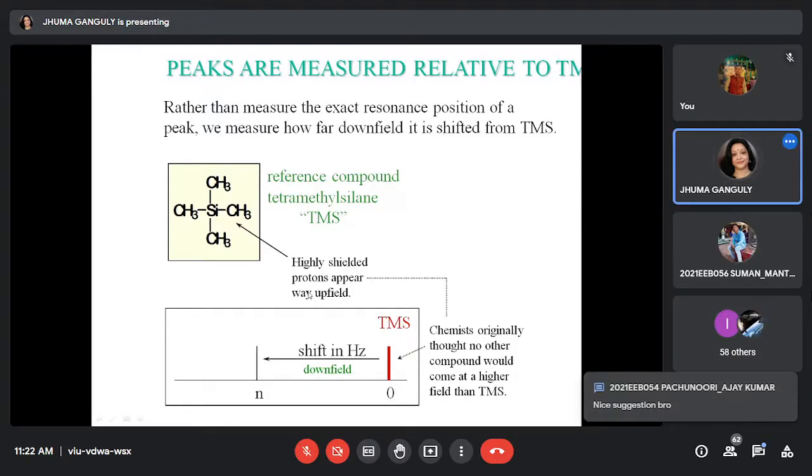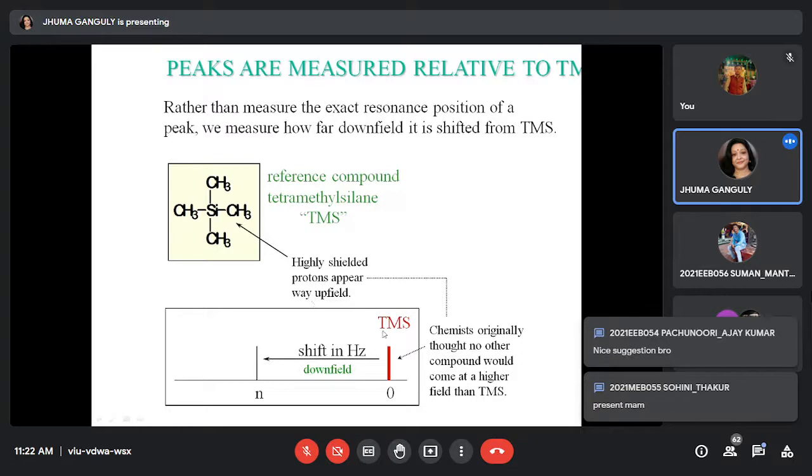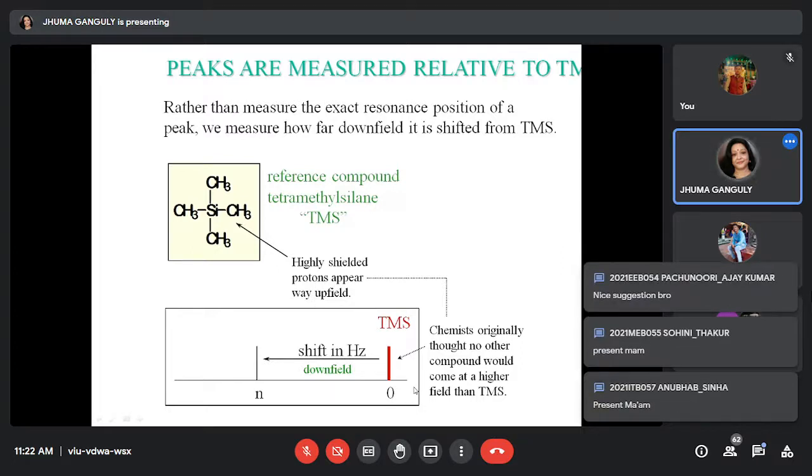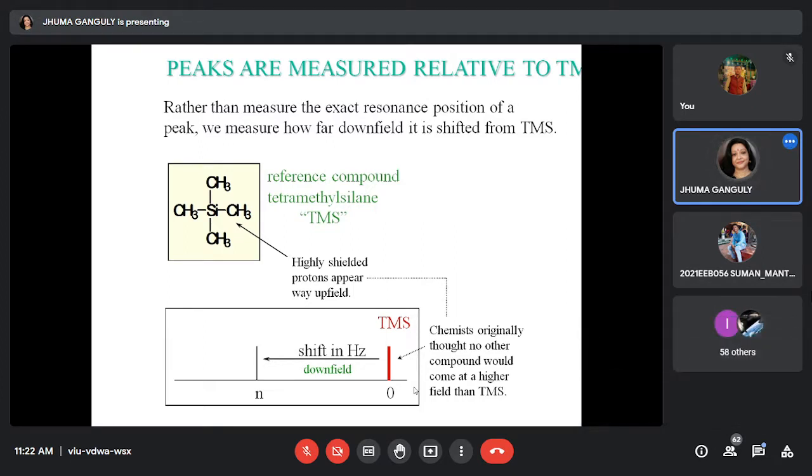So this proton appears upfield, and the scaling starts from here. TMS is the internal standard, and we mark this place as 0. Then we go to the left-hand side, towards the lower field, downfield.